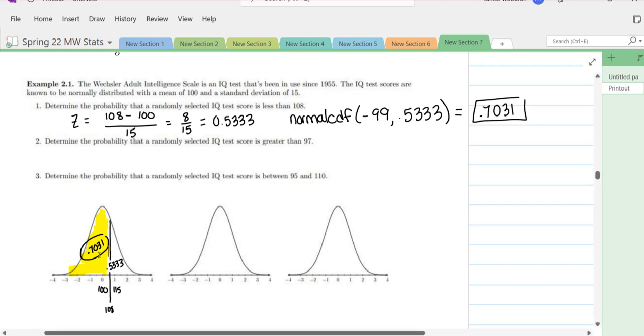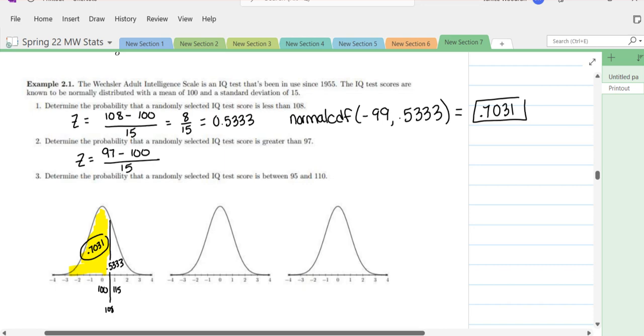Now let's look at the next example. Determine the probability that a randomly selected IQ test score is greater than 97. Greater than 97, so if I'm looking at this, here's 100, it's going to be close to 0, just a little bit below 0. You would find the z-score: 97 minus 100 over 15.